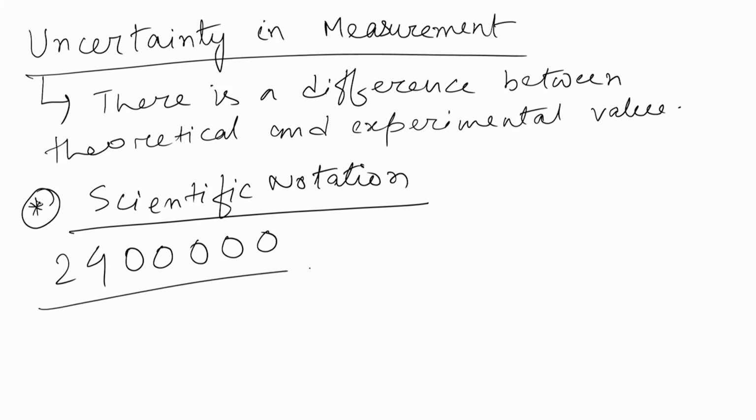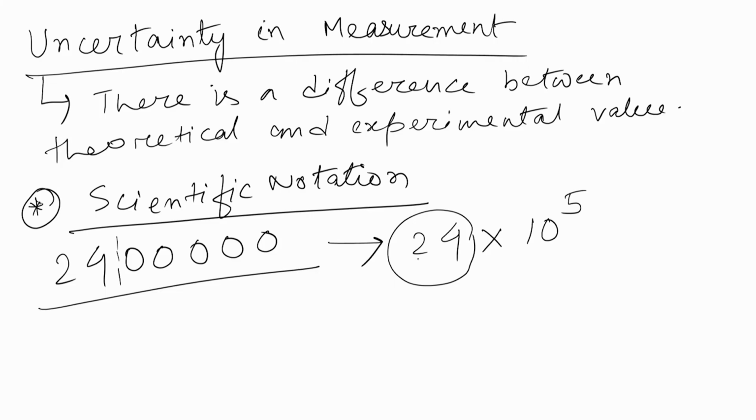Let's say this is the number. How many zeros are there? 1, 2, 3, 4, 5. So, we can break it here and we can write it as 24 into 10 to the power 5. This is the exponential term. Now, the scientific notation says that the whole number term shouldn't have 2 digits before the decimal.